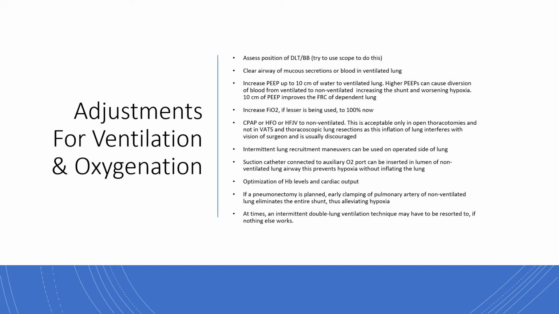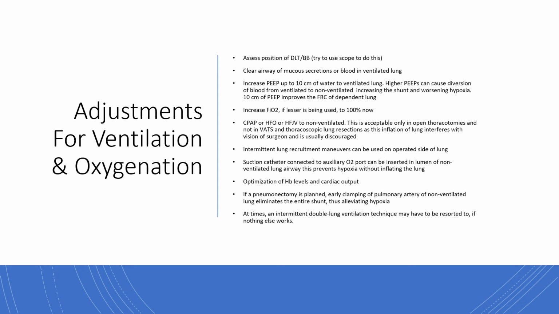You also want to try to clear the airway of mucus secretions or blood in the ventilated lung. You can increase PEEP up to 10 centimeters of water to the ventilated lung. Higher PEEPs can cause diversion of blood from ventilated to non-ventilated, increasing the shunt and worsening hypoxemia. 10 centimeters of PEEP improves the FRC of the dependent lung.